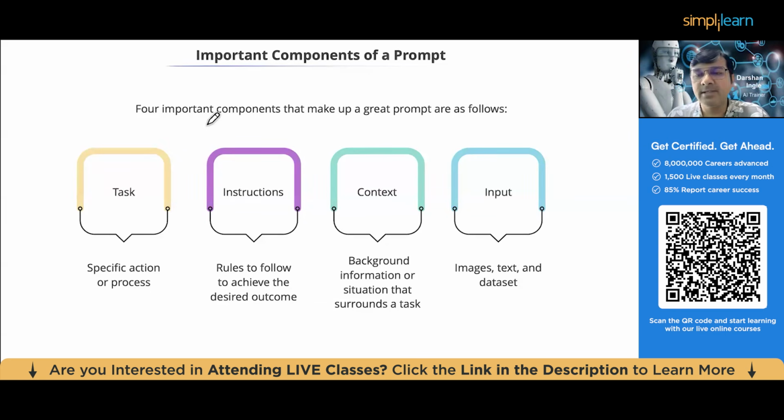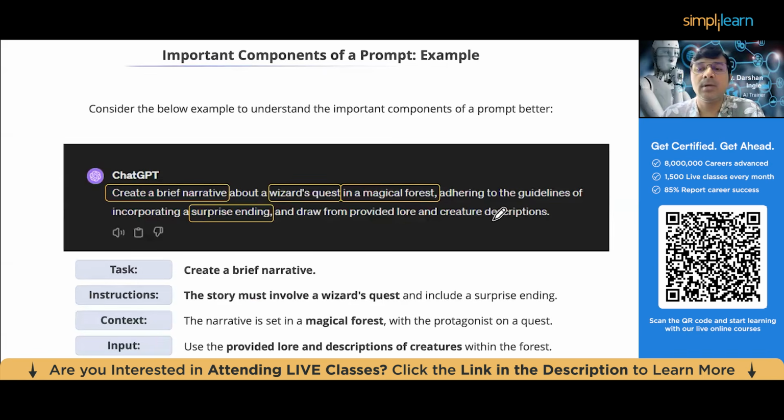So see, imagine I'm writing a prompt. Create a brief narrative about a wizard's quest in a magical forest with a surprise ending, using provided lore and creature descriptions. Now, if you look into this, what is my task?